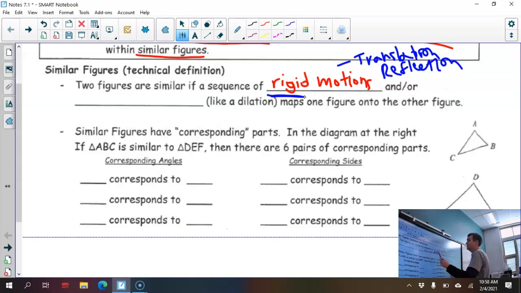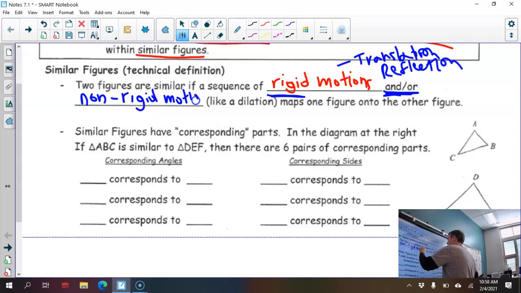But figures are similar if a sequence of rigid motions and or non-rigid motions, like a dilation, right? A dilation is a size change. You hopefully did that in Math 8 a little bit.